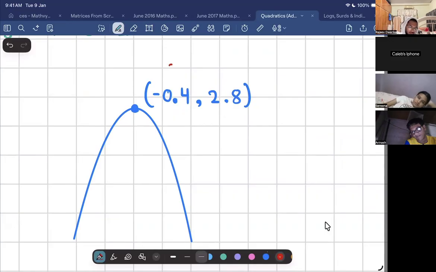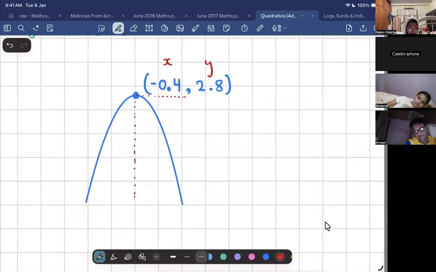X. And the second value is the Y. Okay. So I'm going to draw a graph here.